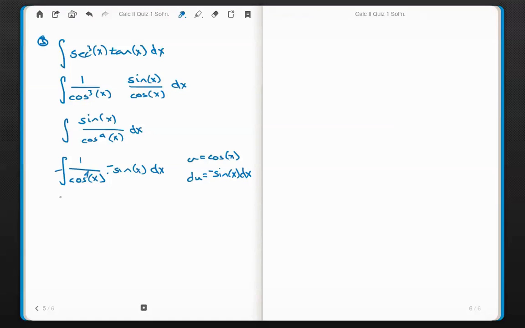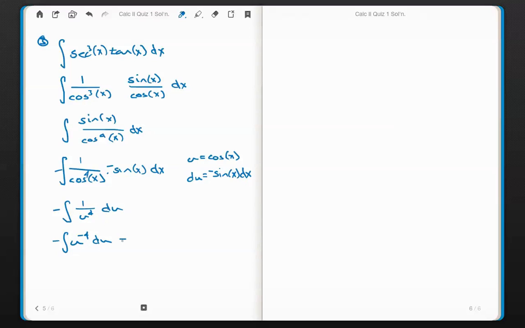So now I have a very nice negative integral 1 over u to the 4th du. Which is not a great way to look at a calculus problem. It's much better to say this is negative u to the negative 4th du, right? Not a particularly algebraically nice way to look at negative exponents, but it makes the calculus really easy.